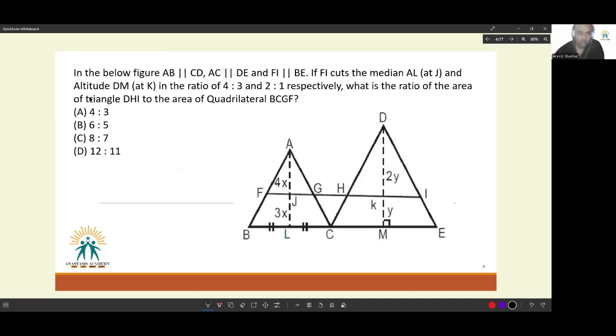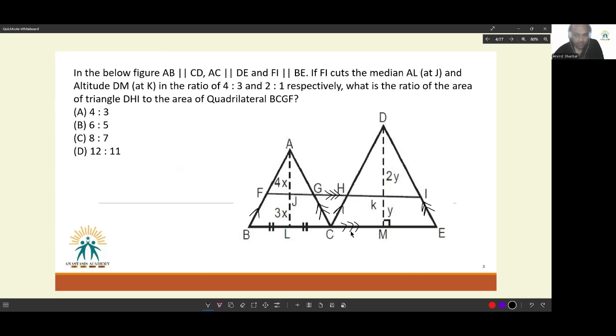Okay. Next, in the below figure, AB is parallel to CD. AC is parallel to DE. And FI is parallel to BE.